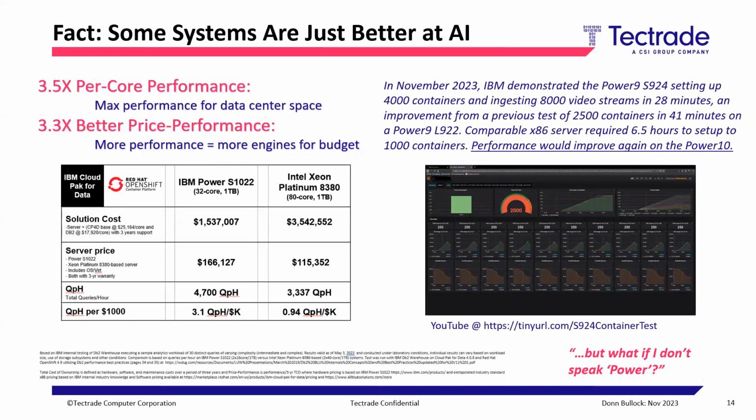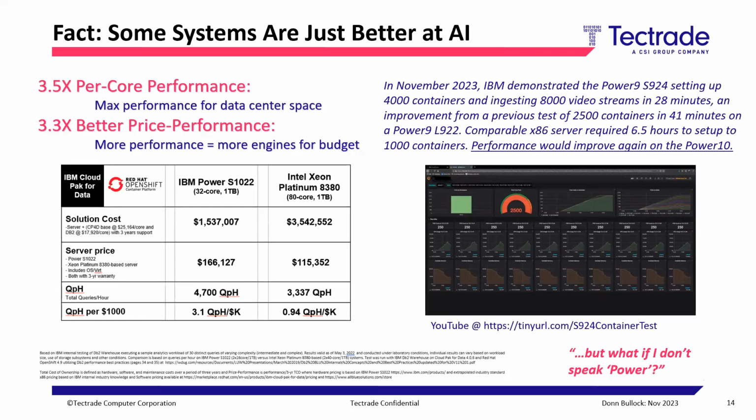What's phenomenal is, if you go to that YouTube address, you can watch a recent video detailing exactly this. This was released just this month, where IBM used an older technology, Power 9, to create 4,000 containers and ingest 8,000 video streams into that environment. It only took 28 minutes to ingest 8,000 video streams.